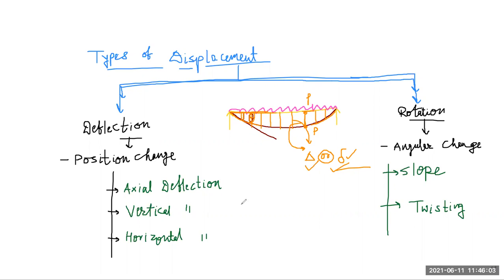Or you can also see twisting, because during the torsion discussion I also told you, this is your shaft. This is the central or longitudinal axis of your shaft.